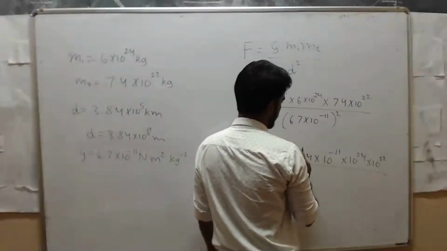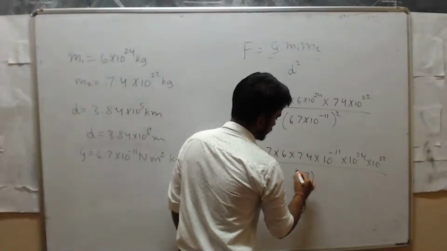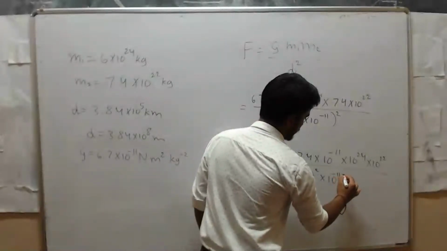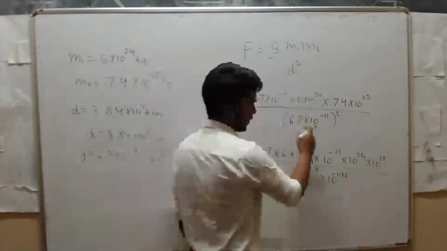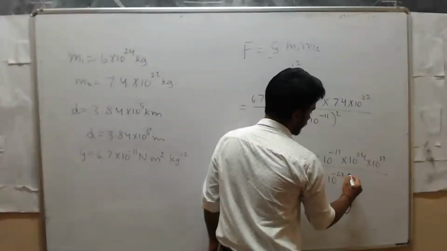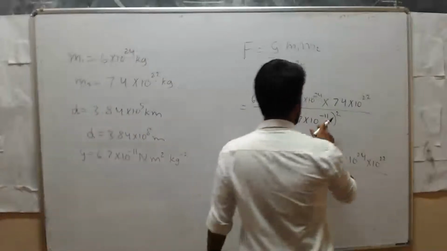Okay. Then now take the square. Here don't multiply 11 into 11.